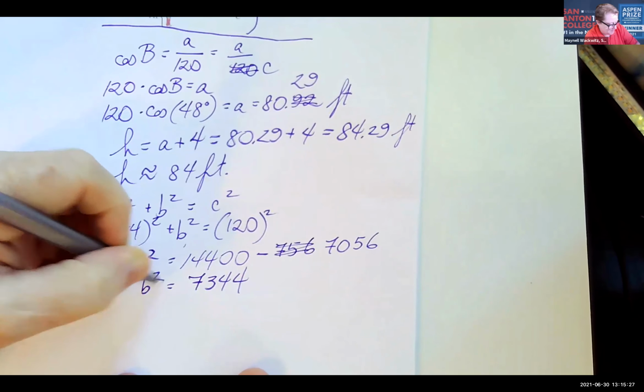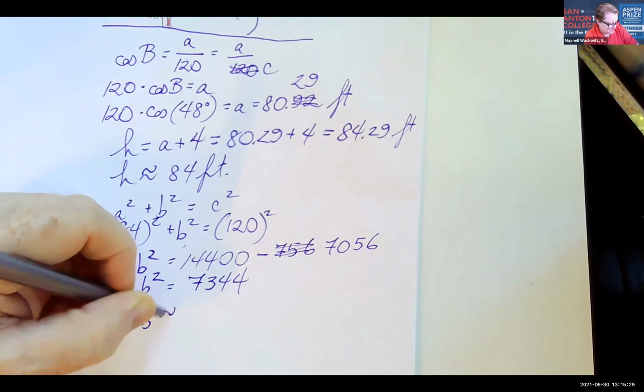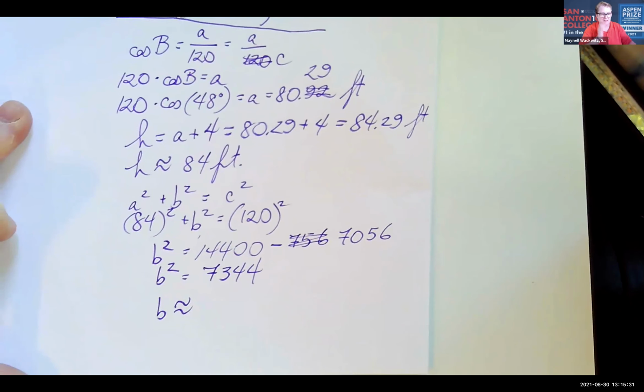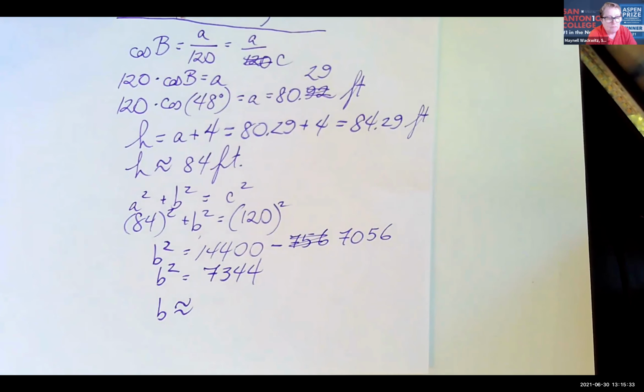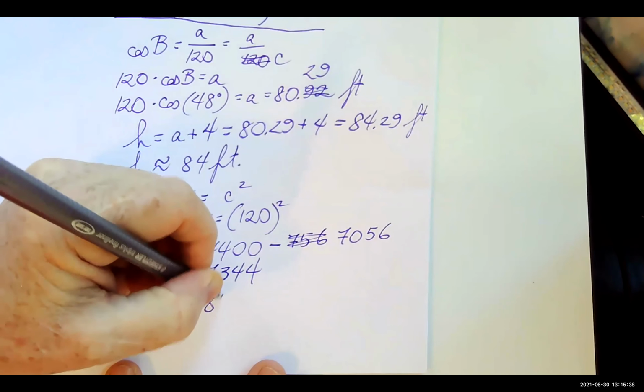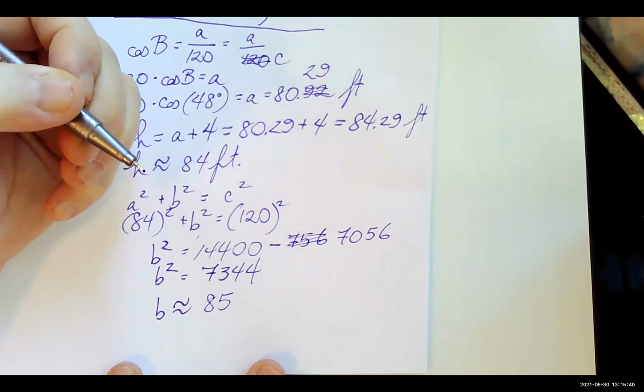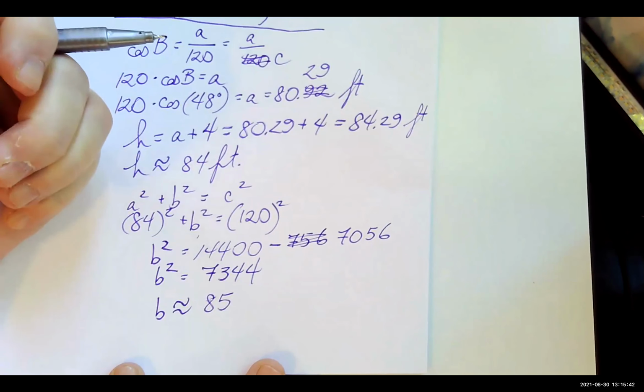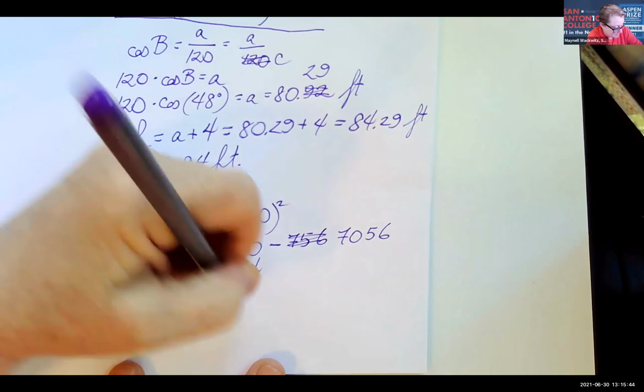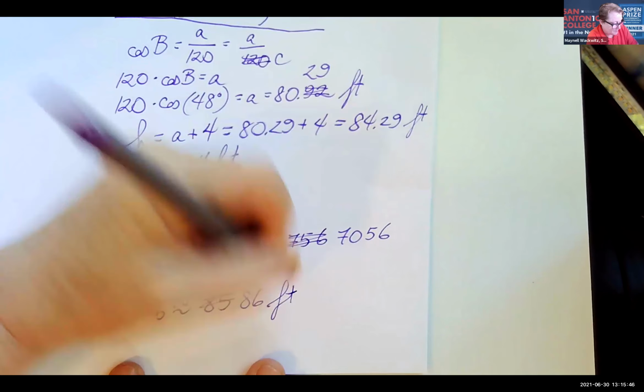So that B to 0 decimal places is 85.86, I guess. So 86 feet.